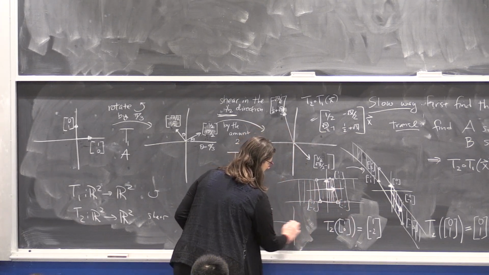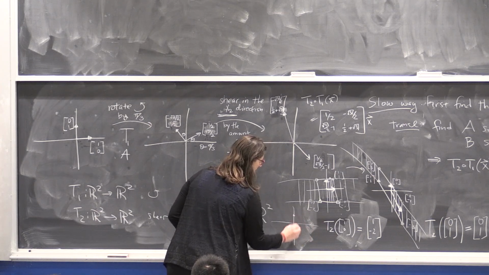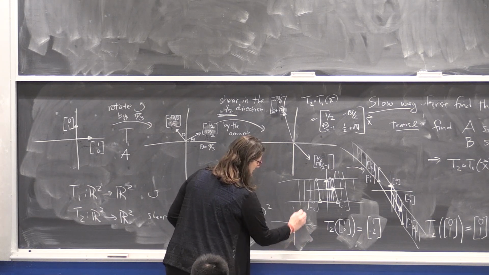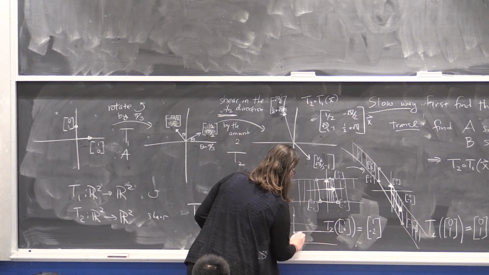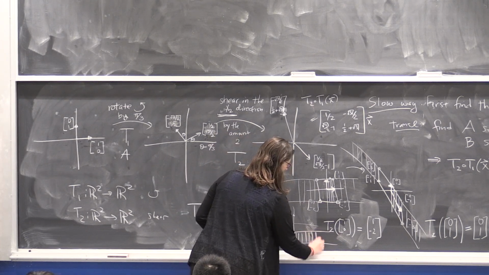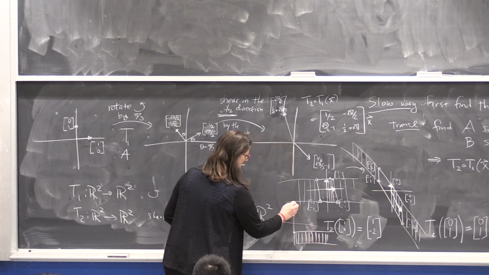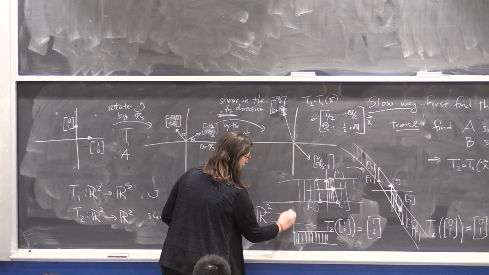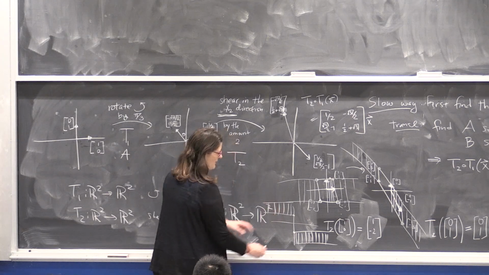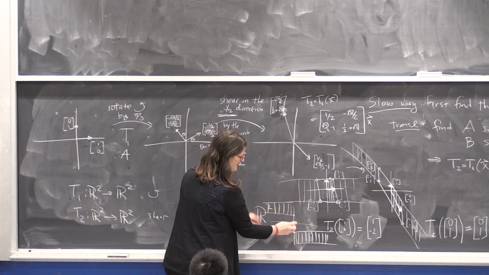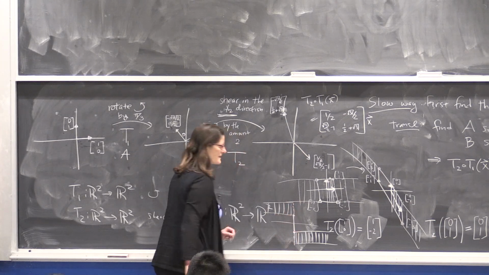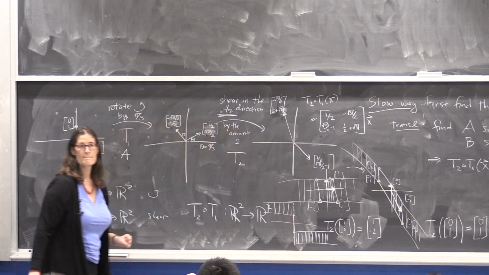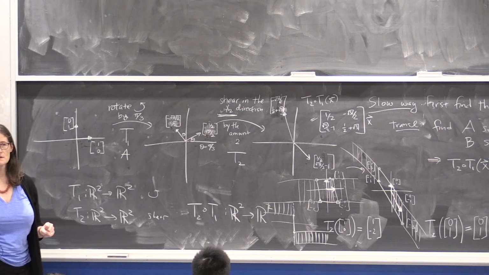If you just said drop everything by 2 and raise everything on the left-hand side by 2, this would get sent to that. And that's not linear, and it's not a shear. Questions?